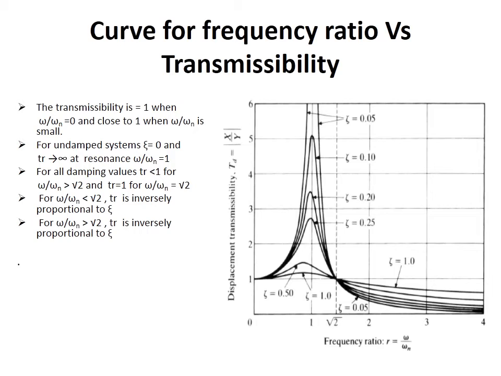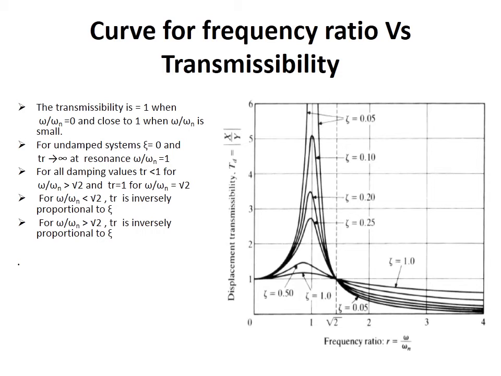Above root 2, the transmissibility ratio is lower than 1, and below it, up to root 2, it is above 1. This region is also known as the isolation section. So to improve isolation, we need omega more than root 2 times omega n.